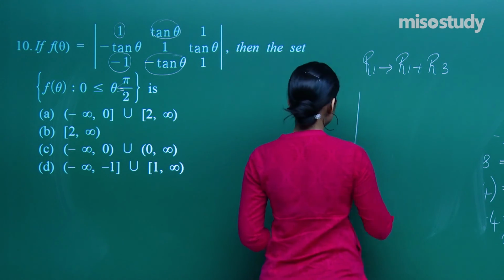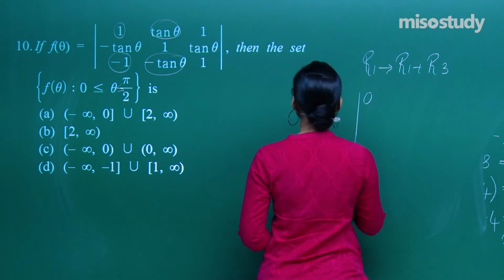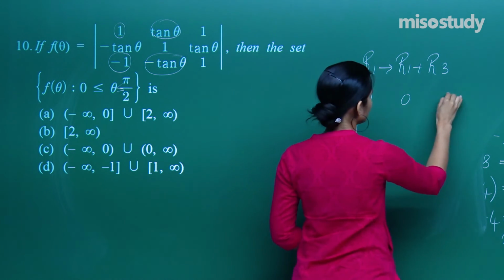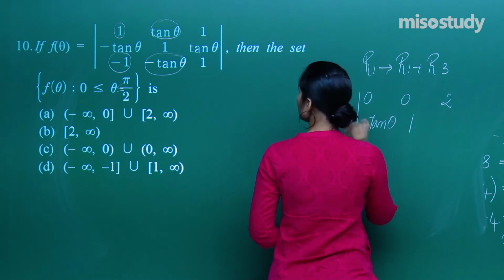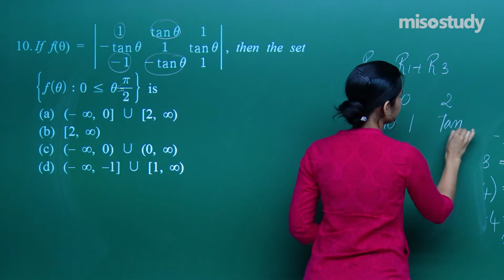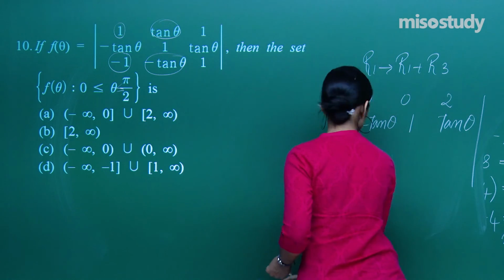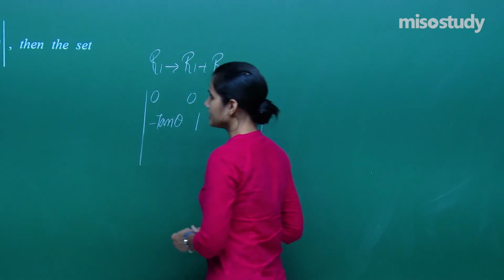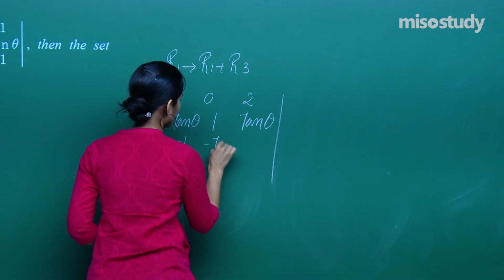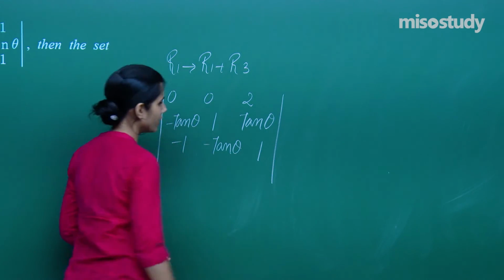So you get 1 plus minus 1, that is 0, tan theta minus tan theta 0, 1 plus 1 is 2, rest everything is the same, minus tan theta, 1 and tan theta. And even the last row remains the same. It is minus 1, minus tan theta and 1.